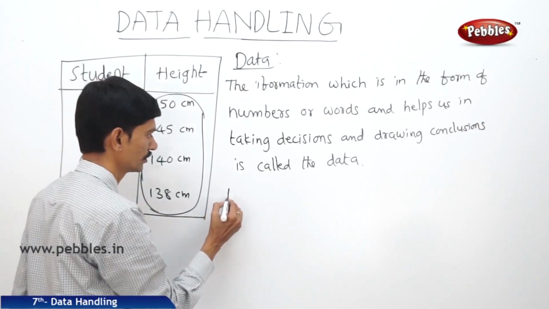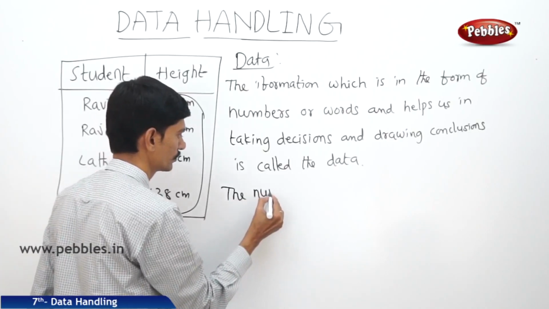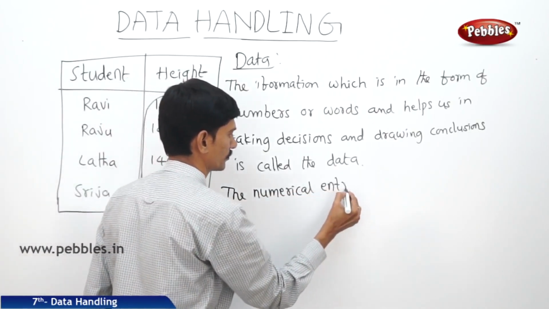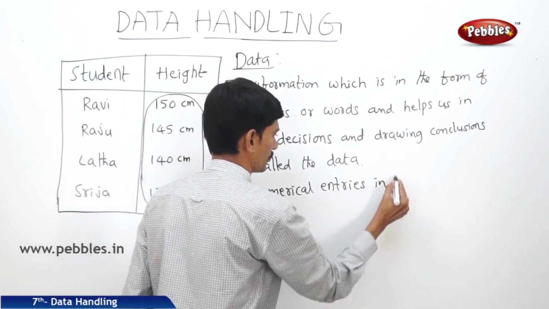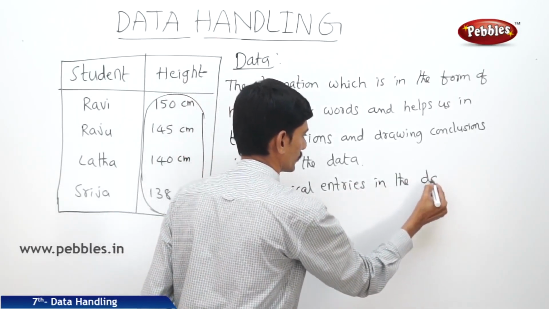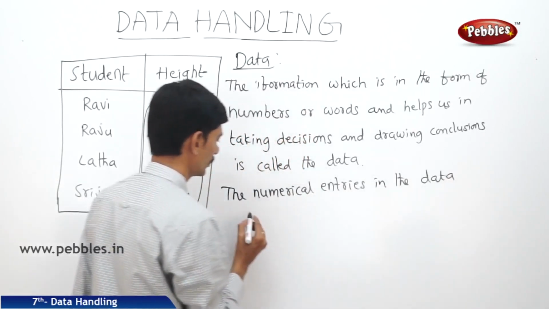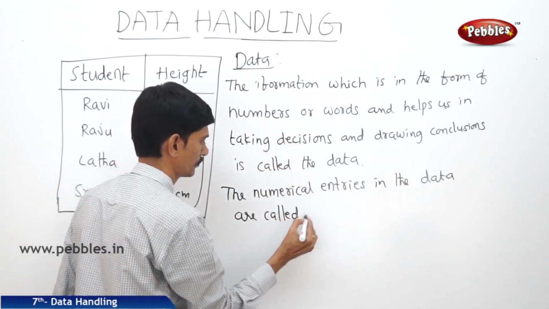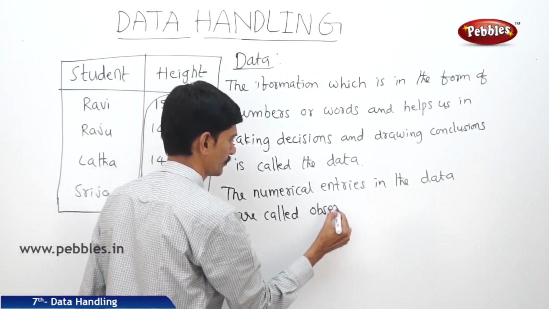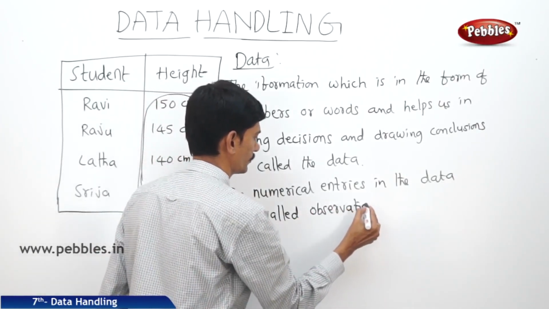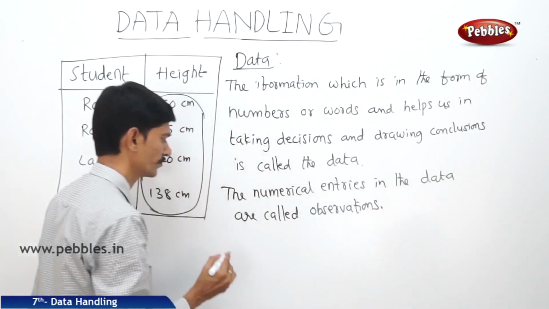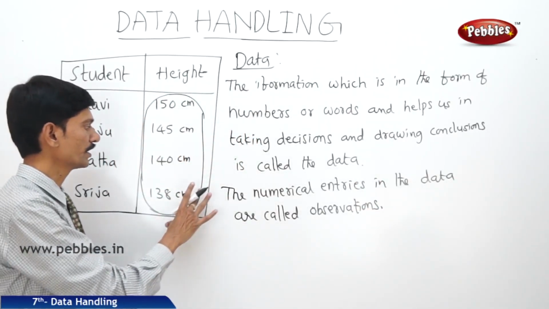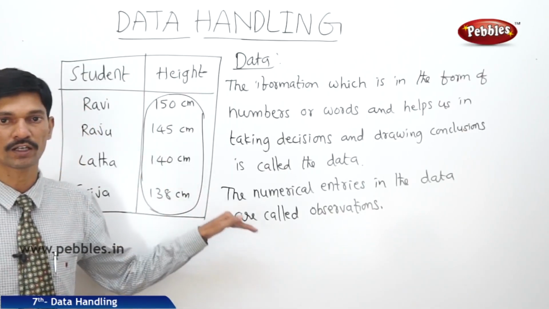So we can write the numerical entries in the data are called observations, and we can represent any data in the form of tables or graphs.